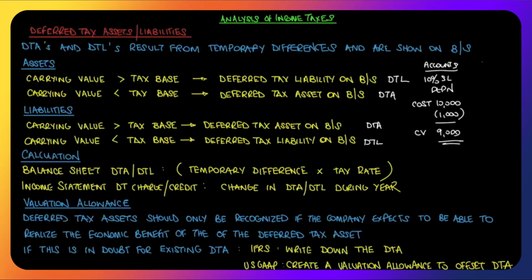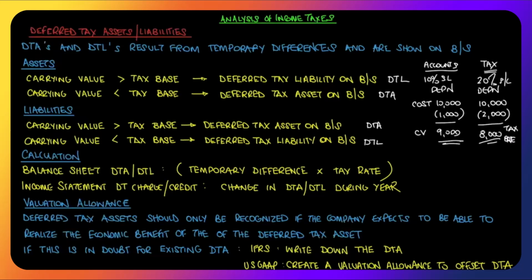Let's have a look at what the tax authorities are doing. Let's say they let you have, just to keep it simple, 20% straight line tax allowable depreciation, same cost. 2,000 is your depreciation, 8,000 is your tax base.